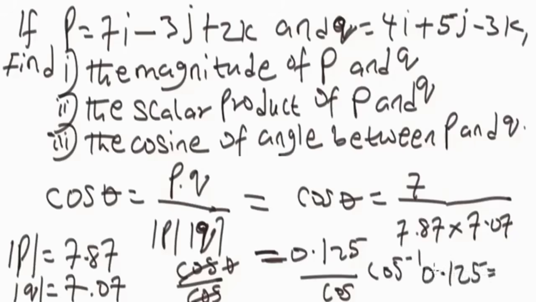Alright, so let me punch in my calculator. Okay, so cos inverse of 0.125 will give us 82.81 if we are leaving it in 2 decimal places.